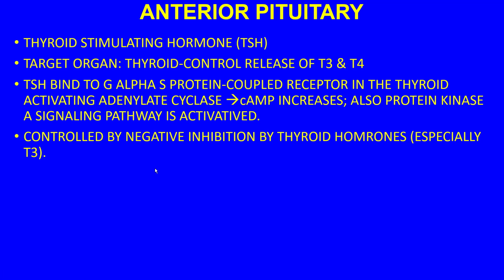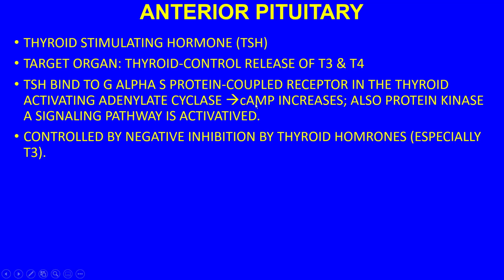First, thyroid stimulating hormone, TSH. Its target organ is the thyroid, and it's involved in controlling the release of T3 and T4. TSH will bind to a G-alpha S protein. This is the protein-coupled receptor in the thyroid, activating adenylate cyclase.